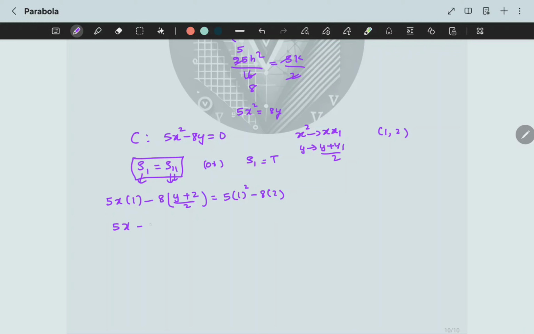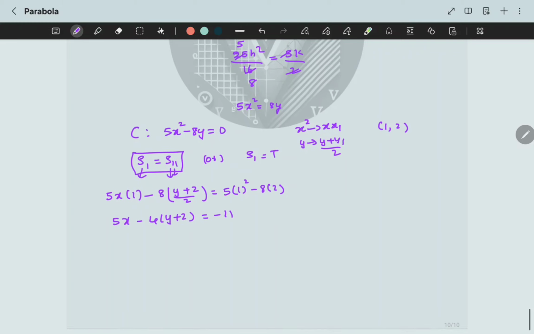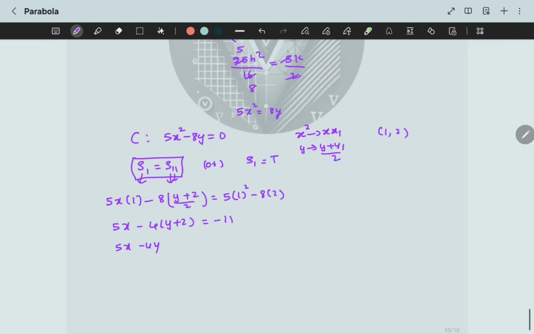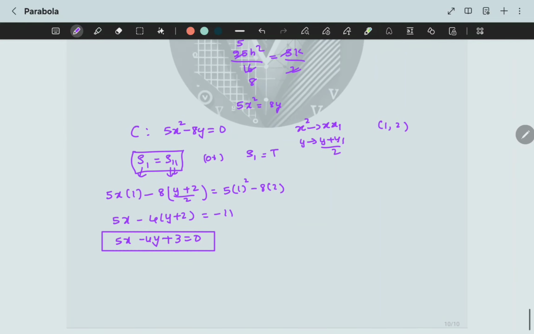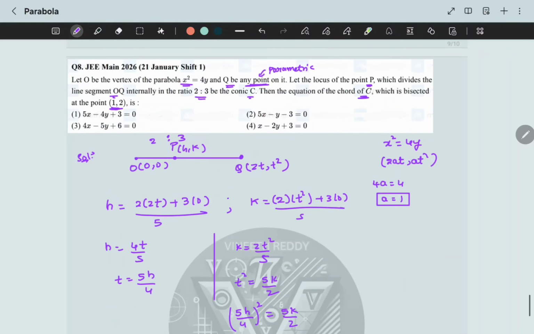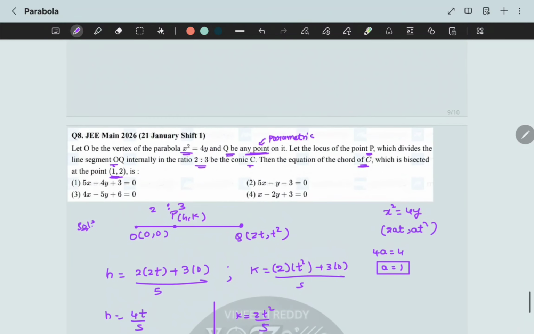So we get 5x minus 4 times (y plus 2) is equal to 5 minus 16, which is minus 11. So we write 5x minus 4y minus 8 plus 11 is 3. So we get 5x minus 4y plus 3 equals to 0, right? This should be the equation of the chord bisected at (1, 2). So 5x minus 4y plus 3 is option 1. That's it. Thank you for watching this video, dear students. Meet you with the next one.